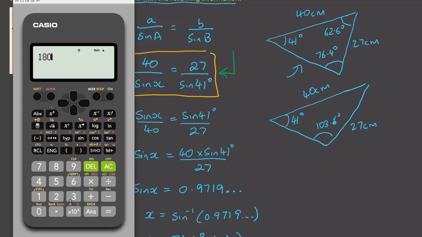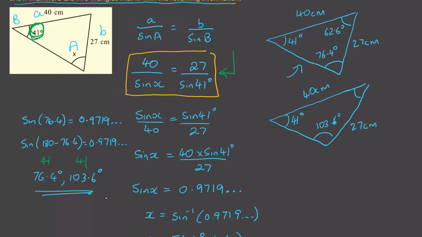And that means we've got 180, take away 41, take away 103.6, which is 35.4. So both of those triangles fit with the information we were given, and that is why it is called the ambiguous case. The information that we were given had two possible meanings.